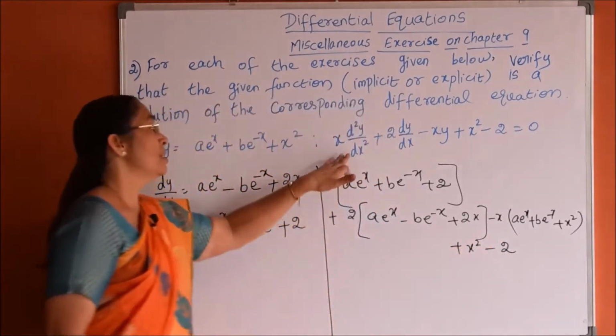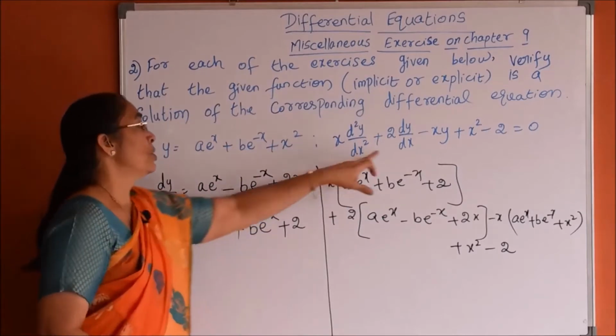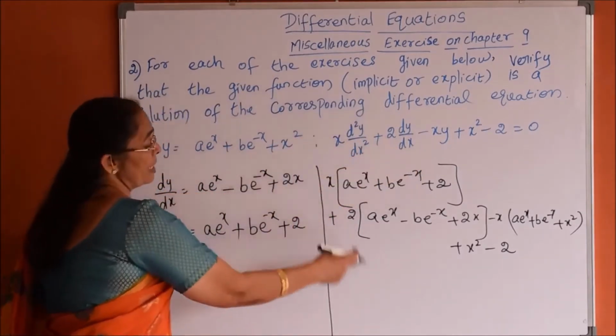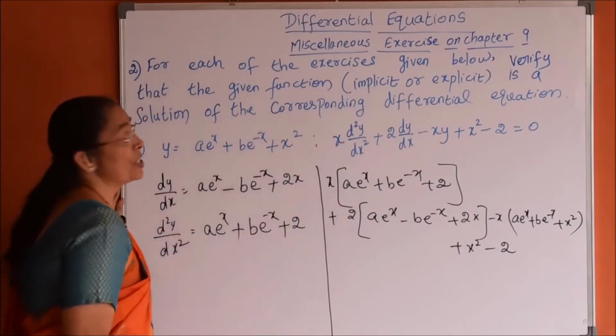So, we substituted the d square y by dx square value, the dy by dx value, and the y value. Now, check whether we are getting the right hand side answer, which is 0.